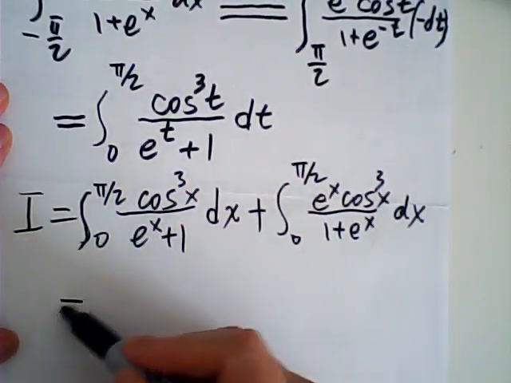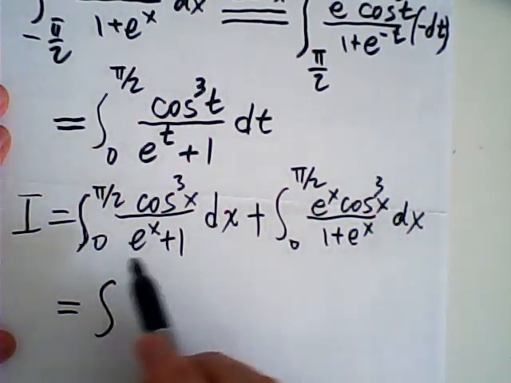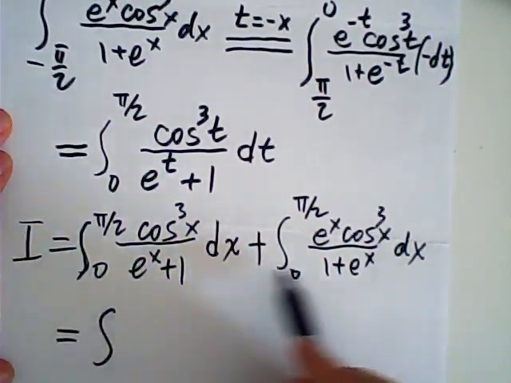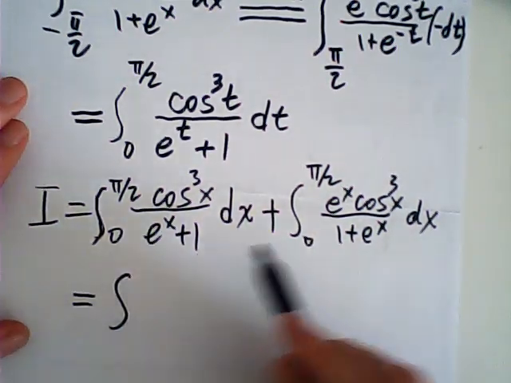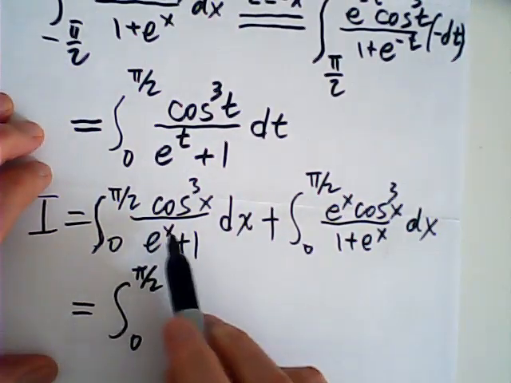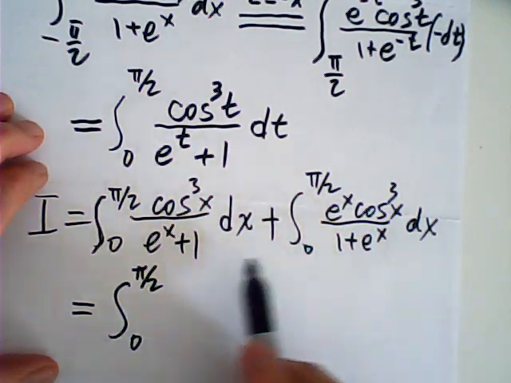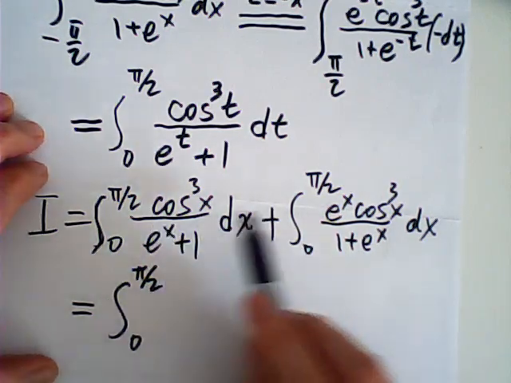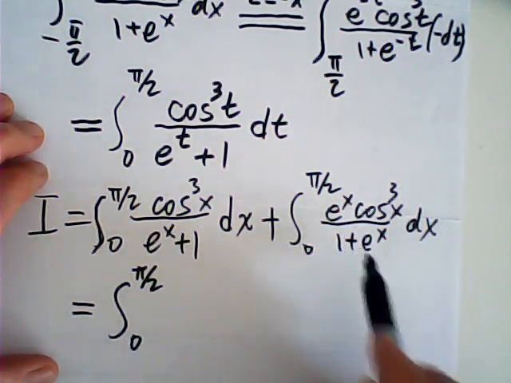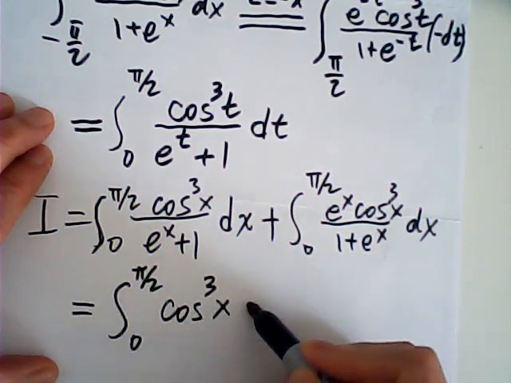Then I combine them together. These two have the same limit, which is from 0 to half pi. This plus this, with a common denominator 1 plus e to the power of x, so it cancels with the numerator. So the result is cosine cubic.